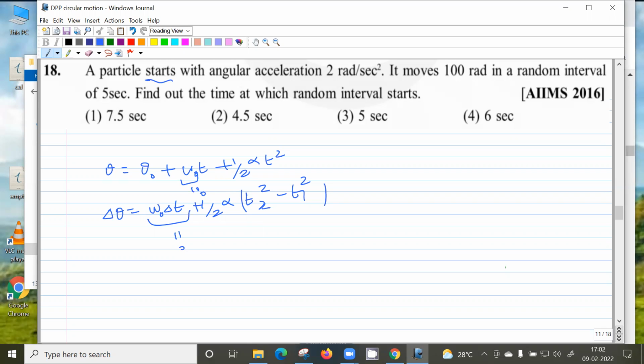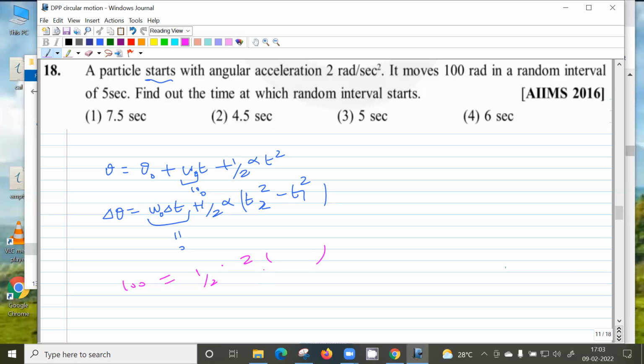T2 minus T1 the whole square, no, so we have written T2 square minus T1 square. But T2 minus T1 is only 5 seconds. So if you use T2 minus T1 here, are you getting the answer? No. Delta theta is 100, that is equal to alpha times something.